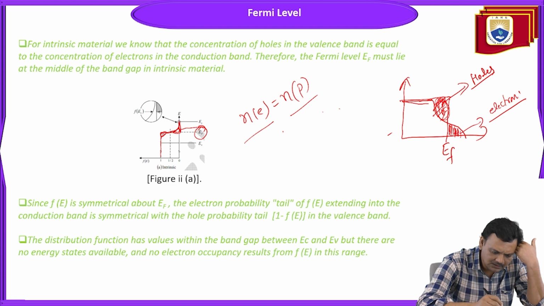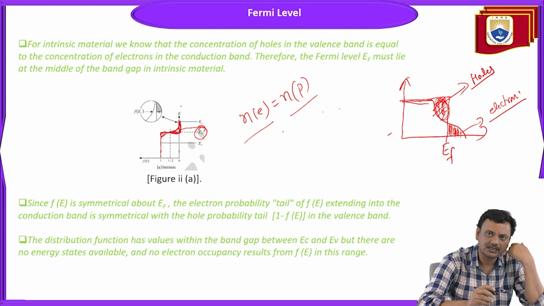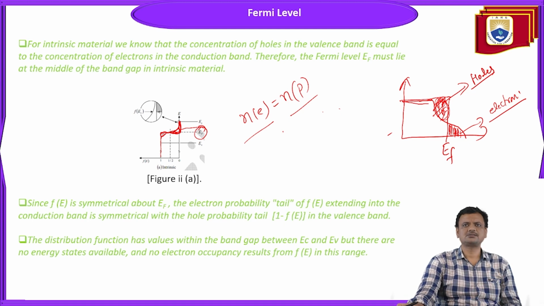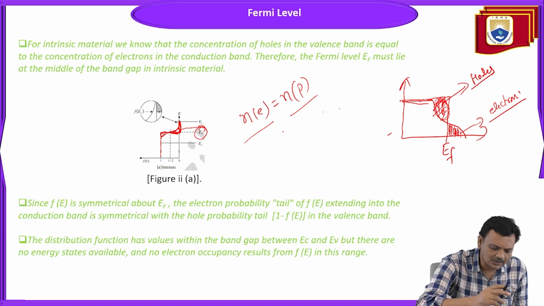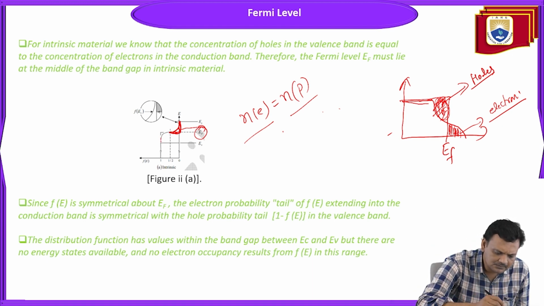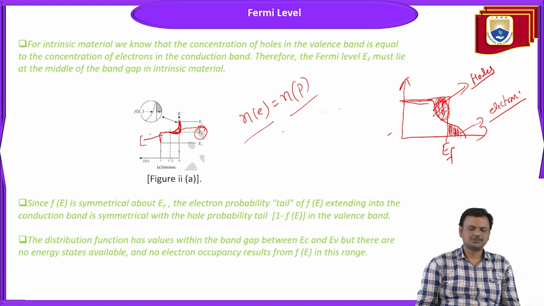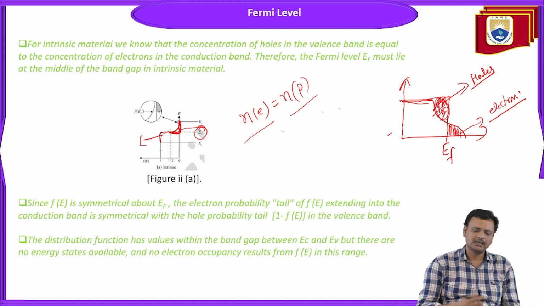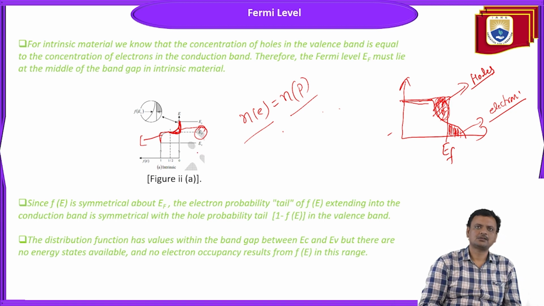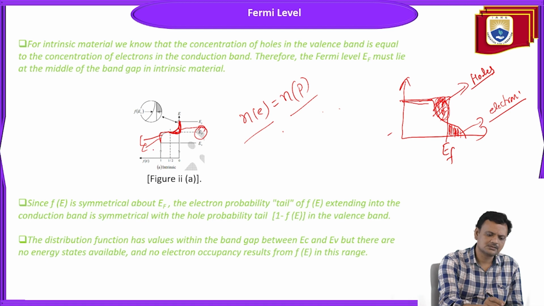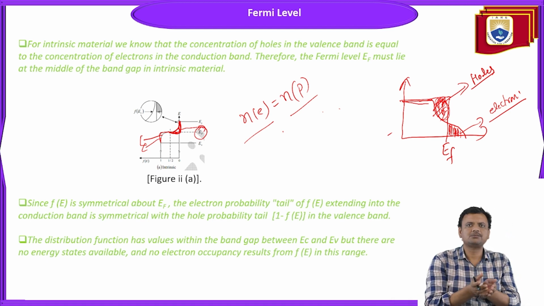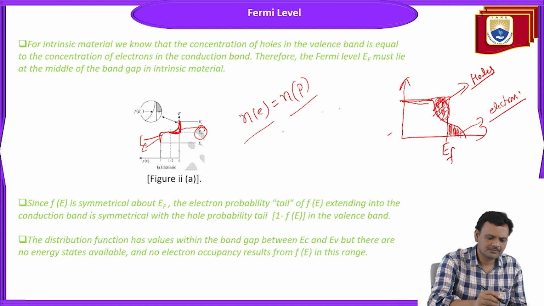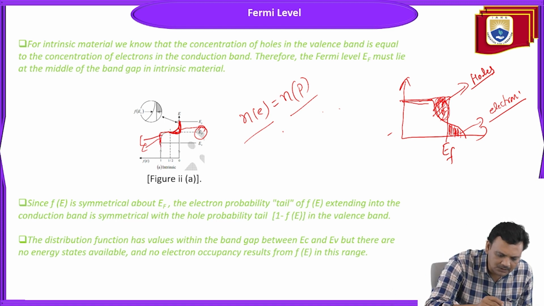This whole area is representing the chance for occurrence of electrons above the Fermi level, and this whole region is providing the chance for unoccupied levels below the Fermi level. That means there is the chance that holes will be generated, from here to here, from this whole region.